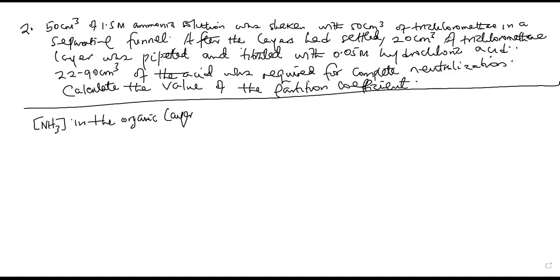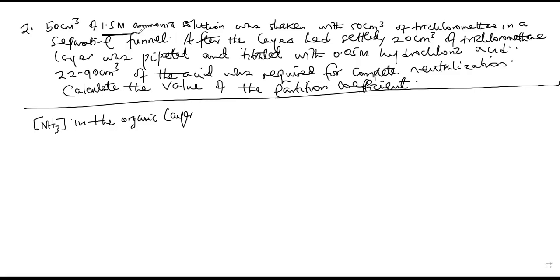All the information given is about the organic layer, meaning it is the one that we can get first, and then maybe we get the one of the aqueous layer by subtraction. Since you have the concentration of the whole solution that was shaken, if you get the one of the organic layer, then you can get the one of the aqueous layer by getting 1.5 minus the one in the organic layer. Is it okay?